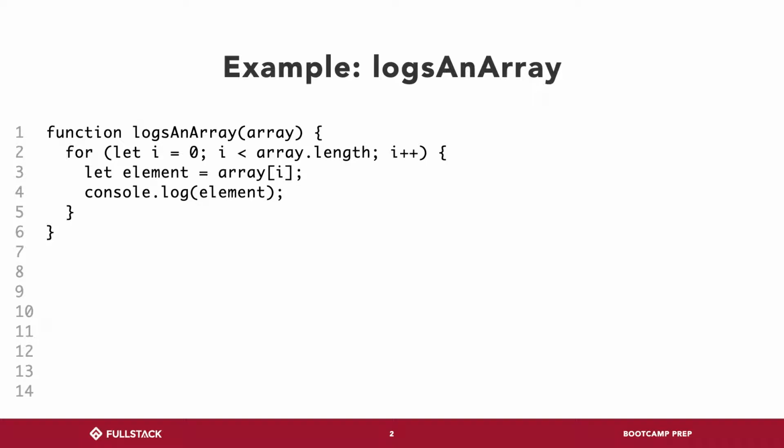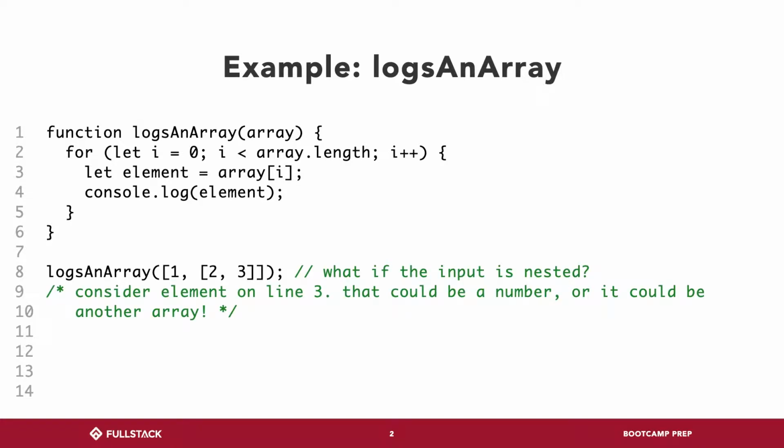It pulls the current element and puts it into element, and then it console logs that element, right? So logs an array of 1, 2, 3, but with the 2 and 3 being in an array, it would log out 1, and then it would log out an array of 2, 3, right? Because this array actually has 2 elements, 1 and then an array.